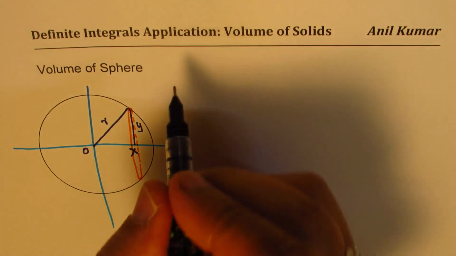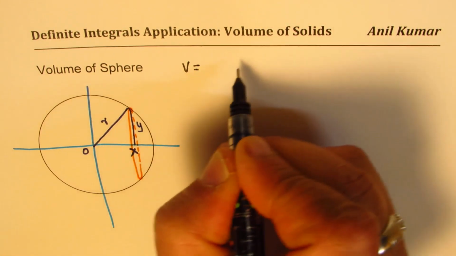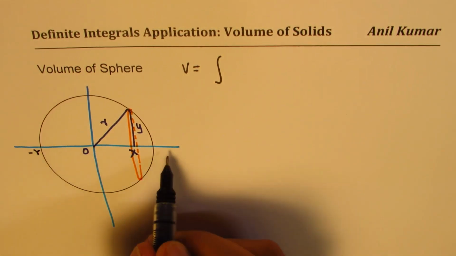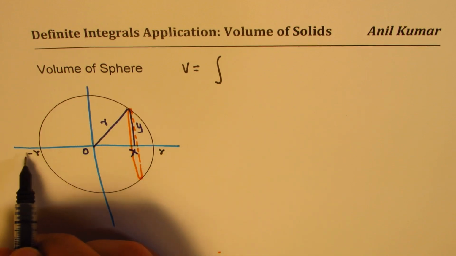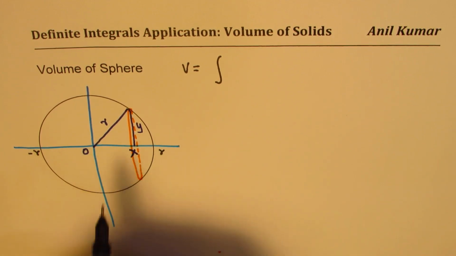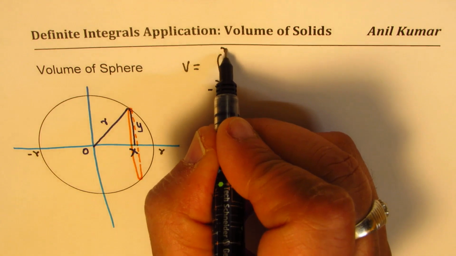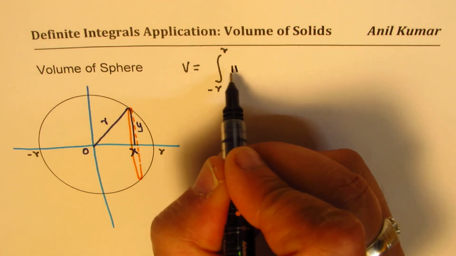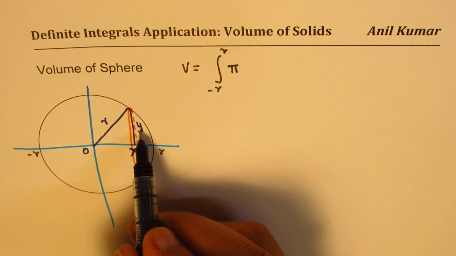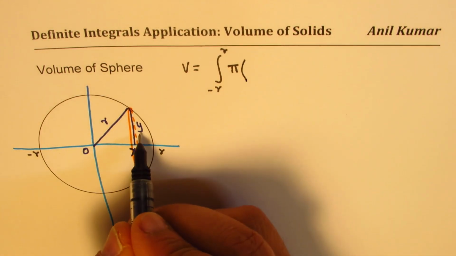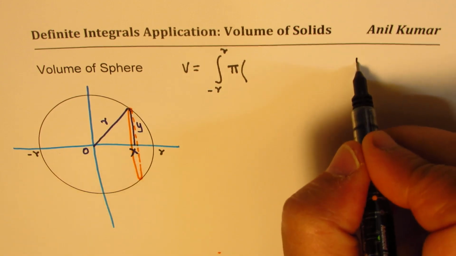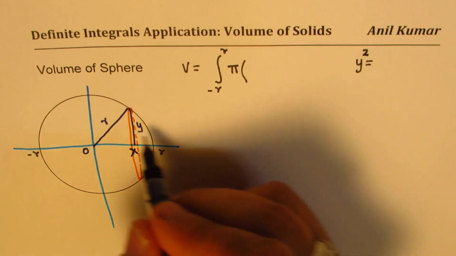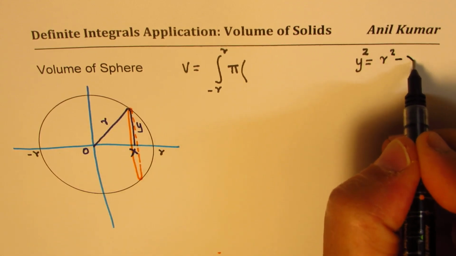And we also figured out that the volume could be written as the integral from minus r to plus r. Those are the two extremes which the x value can take. The area of each disk is pi r square, so pi times the radius y, and we found that y square is equal to r square minus x square.